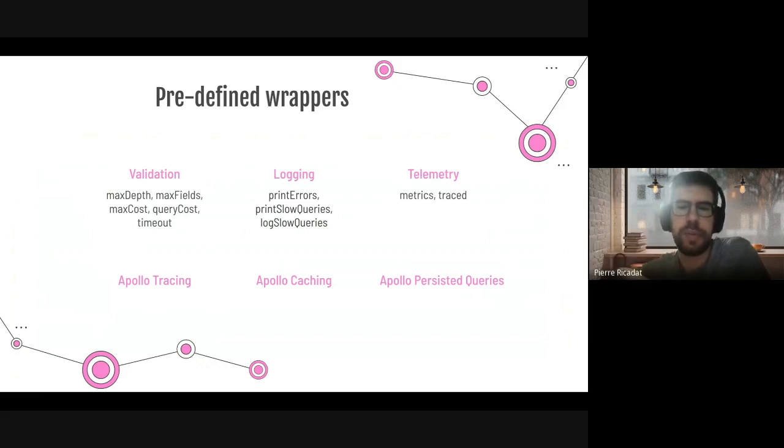And then maybe if you used GraphQL before, you know Apollo. That is the most popular client-side library in the JavaScript world. And Apollo has a lot of plugins. Using wrappers, Caliban can support many of those plugins. So we can support Apollo tracing, Apollo caching, Apollo persisted queries. What's interesting is that all of those wrappers are written on top of the existing Caliban.